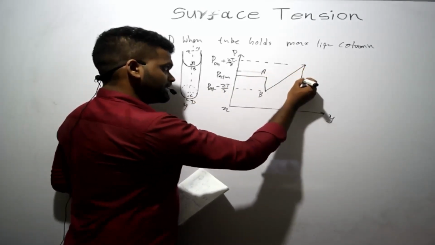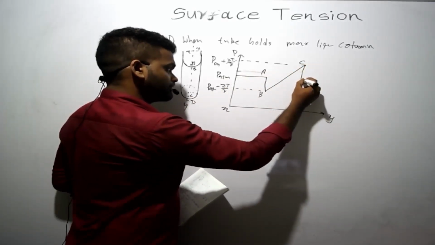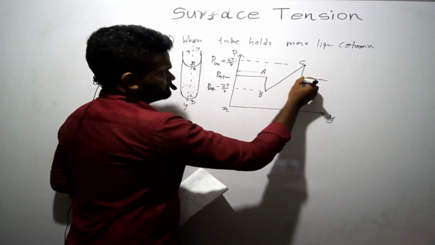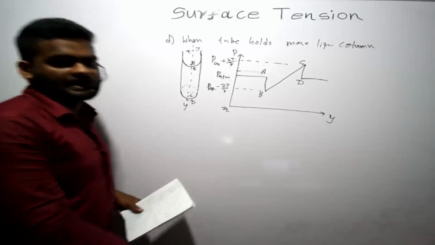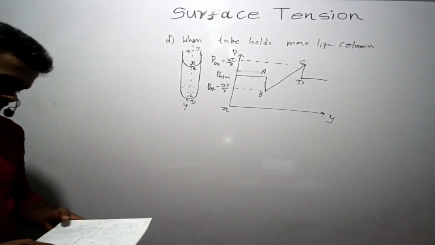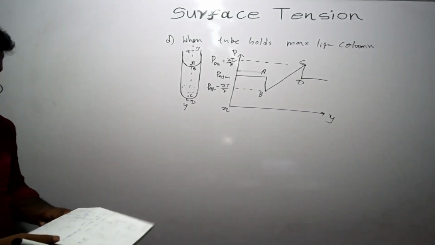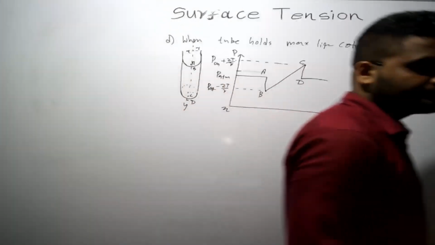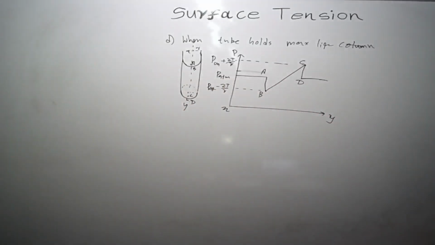Drops to PATM. Then becomes constant. Right? So that's the variation. Okay, take this down and let me know.